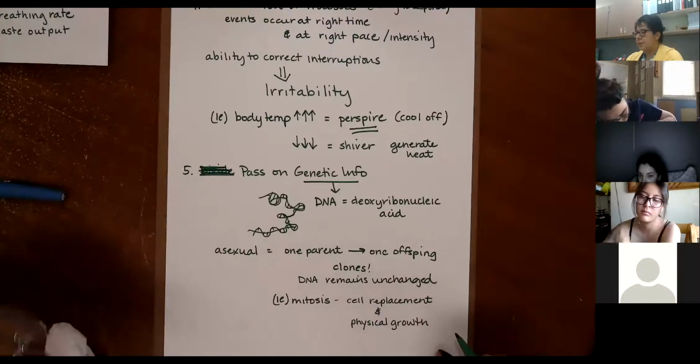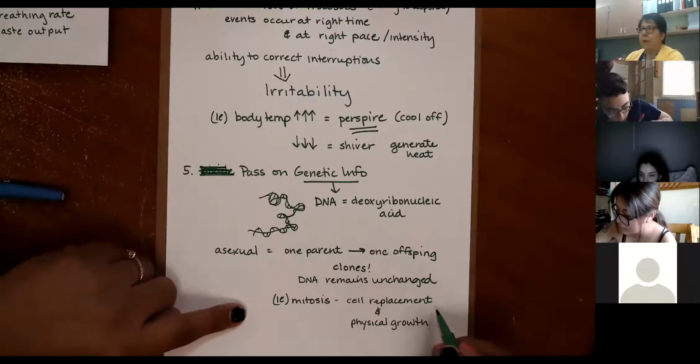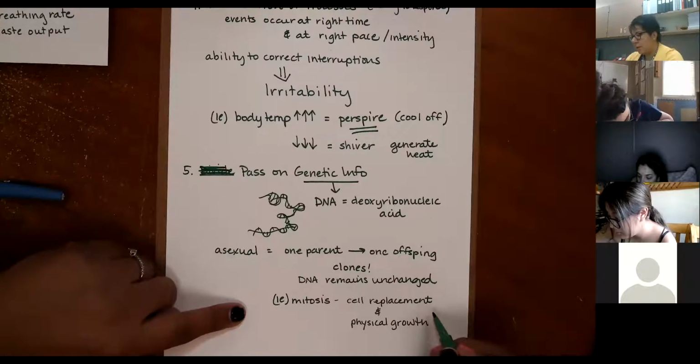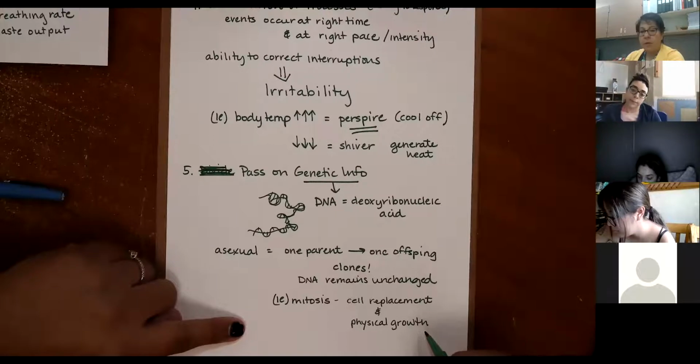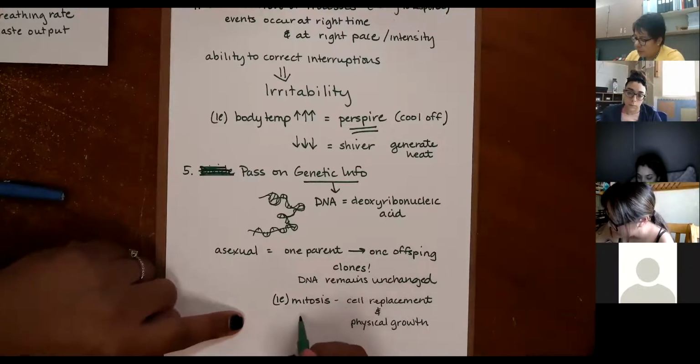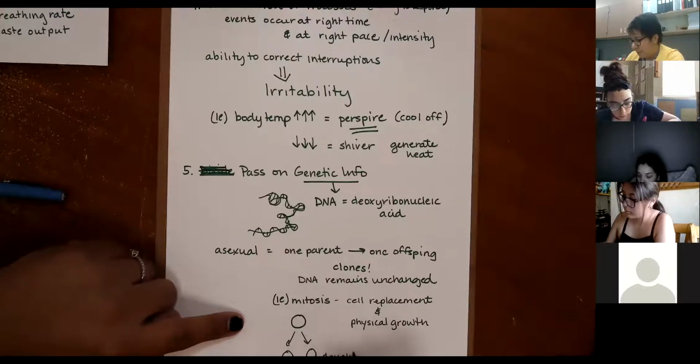So mitosis is cells making more cells so that you can replace cells that either get old or they get injured or you lose them because maybe you got a cut and you bled a little bit. But also if you're going to get physically bigger, you need those cells to get physically bigger. So in mitosis, you have one parent cell that literally divides in half, and you have two daughter offsprings.